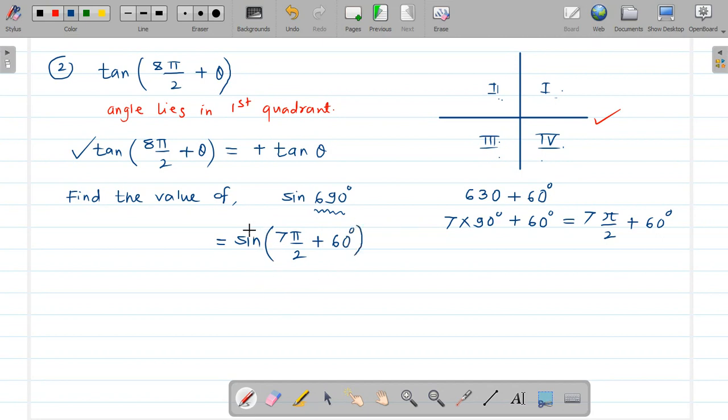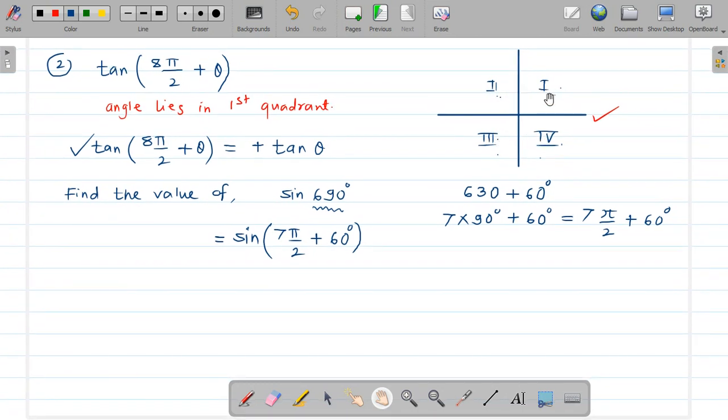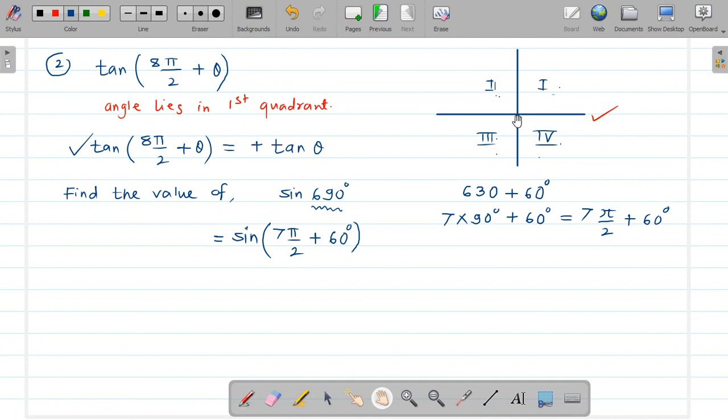Now use the allied angle formula generalization. Now decide the quadrant in which 7 times pi by 2 plus 60 degree will lie. 7 times means 1 2 3 4 5 6 7. So 7 times pi by 2 is completed here.